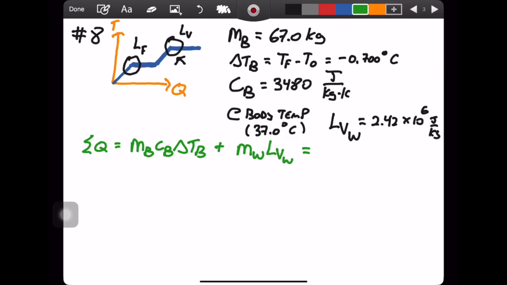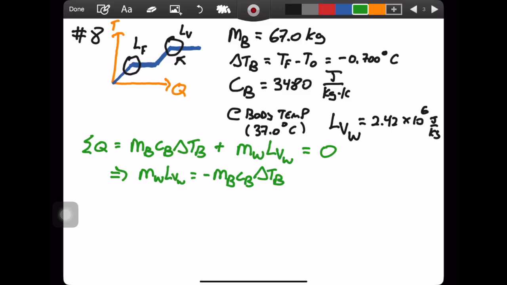Since this is a system that is adiabatic, where there's no net influx or outflux of heat, it's just transferred from one constituent to the other in the system, we can say that the sum of the heats is zero, which allows us to rewrite this equation as the mass of the water times the latent heat of vaporization of the water is equal to negative mass of the body, c of the body, delta T of the body.